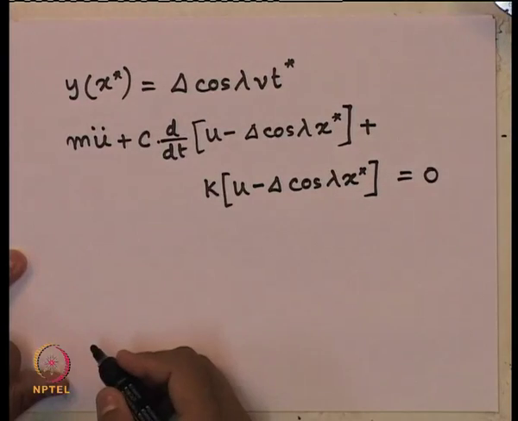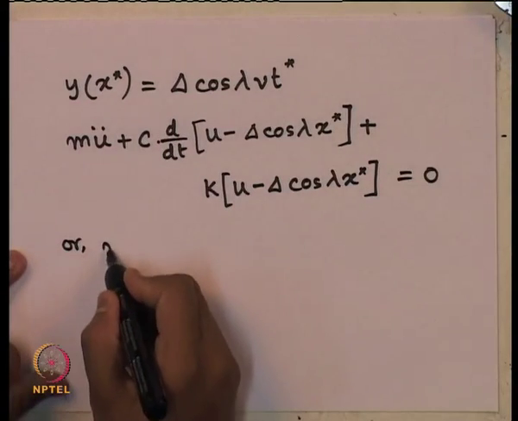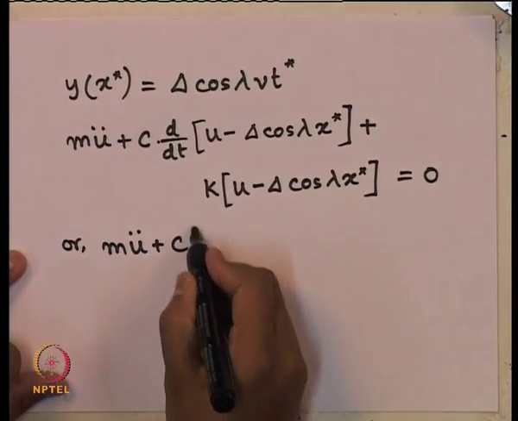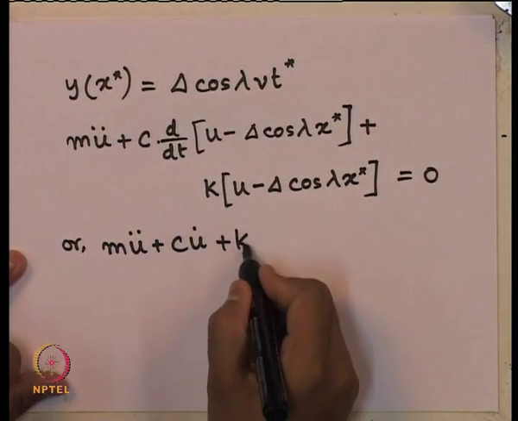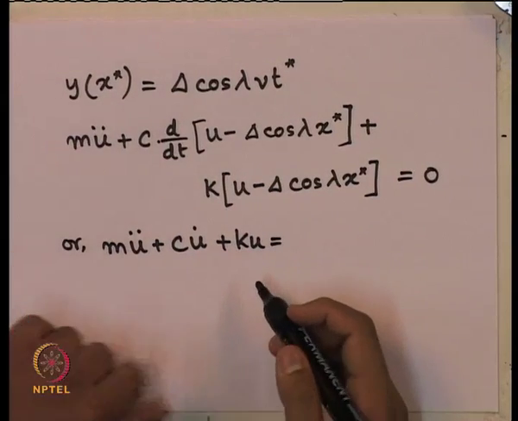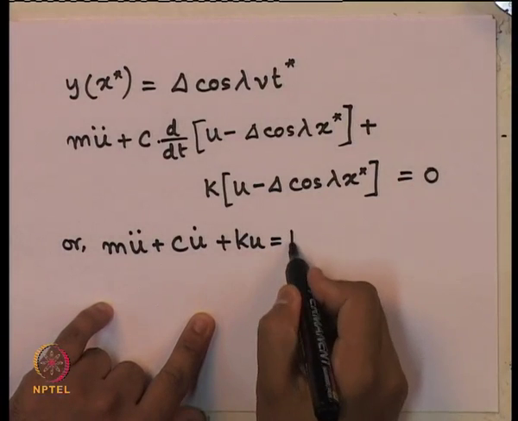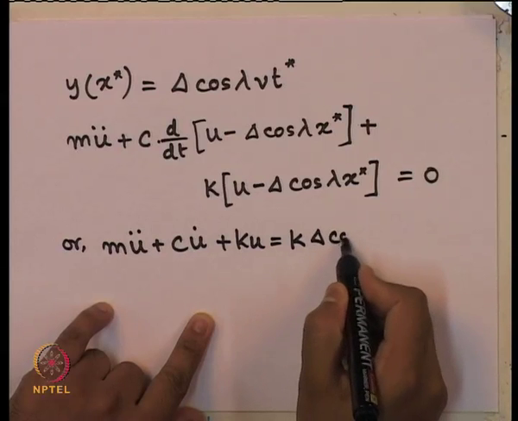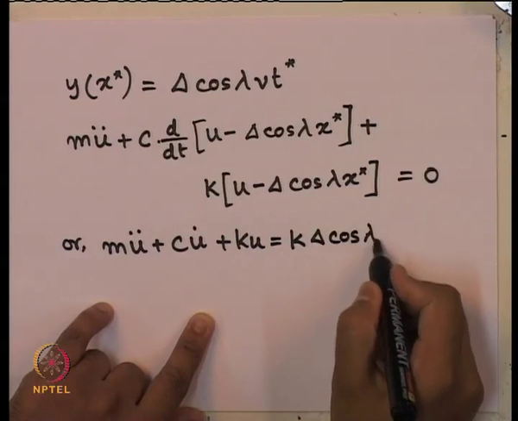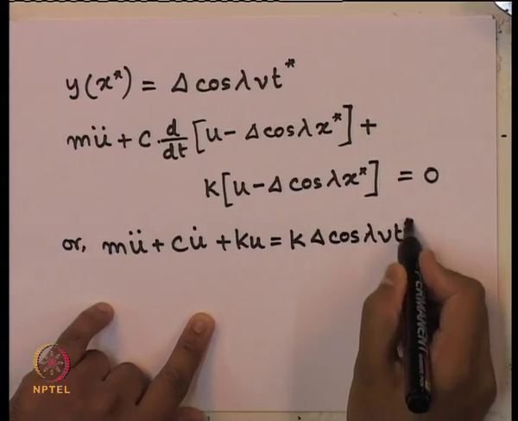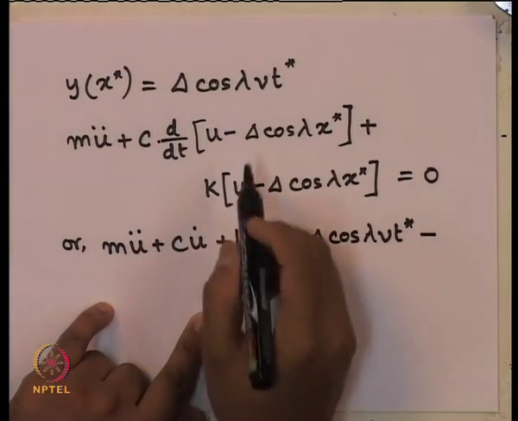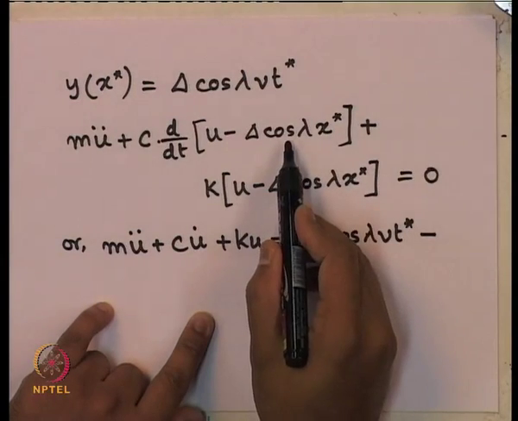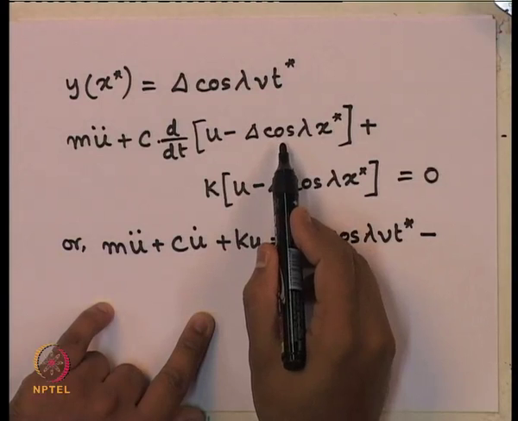This equals 0, or m u double dot plus c u dot plus k u equals, now let us take this k delta cos of lambda v t star, minus, this is minus, when it goes this side becomes plus, but we are differentiating with respect to time, so cos becomes minus sin.